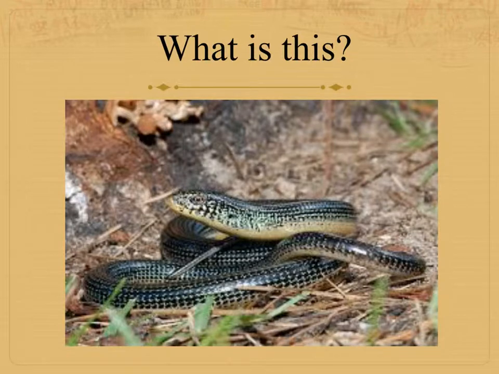So if we take a look at this eastern glass lizard, we know that it does not have a highly mobile jaw, so it can't open it as wide and move it around like a snake can. It doesn't, despite its appearance, have a large number of vertebrae like snakes do. Nor does it have a short tail located behind the anus.